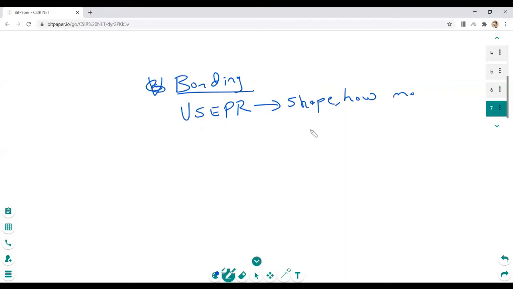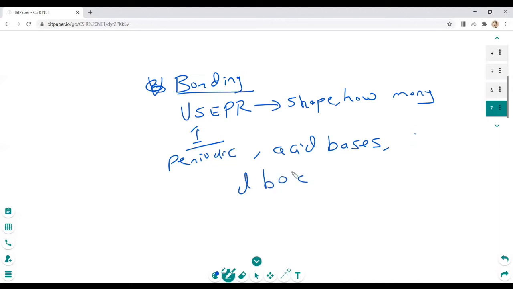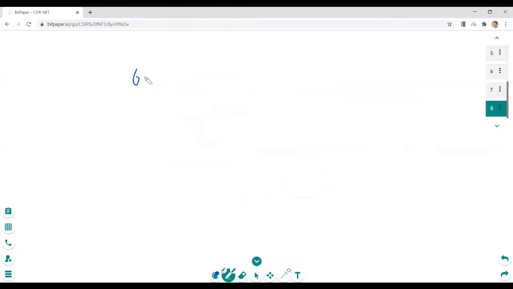One question or two, maximum 2, not more than 2 questions. There may sometimes be questions from general topics like periodic table, acids and bases, and other d block, f block. If you study coordination chemistry, your d block is covered. Then you have to worry about other small things, f block and others.